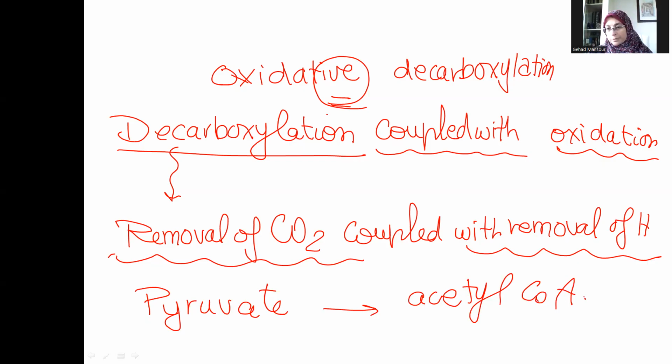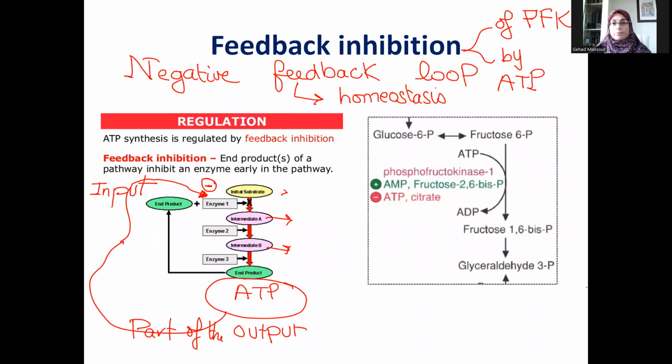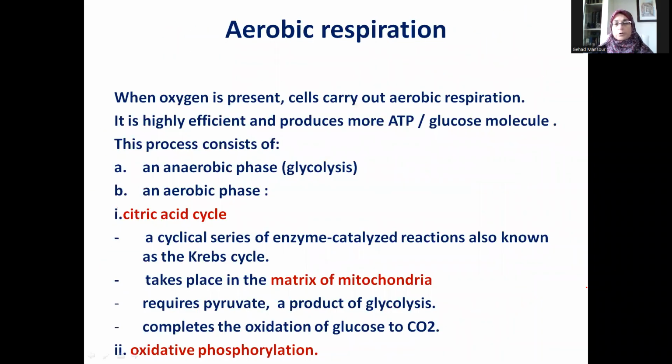Of course, coenzyme A is essentially SH; it contains a sulfhydryl group. Now we move on again to the citric acid cycle and oxidative phosphorylation.